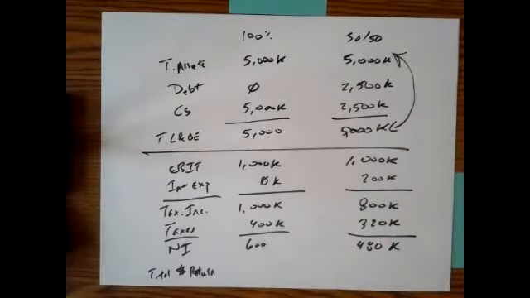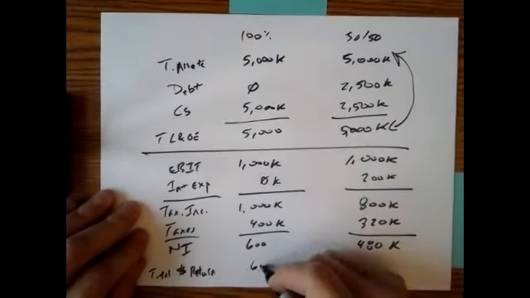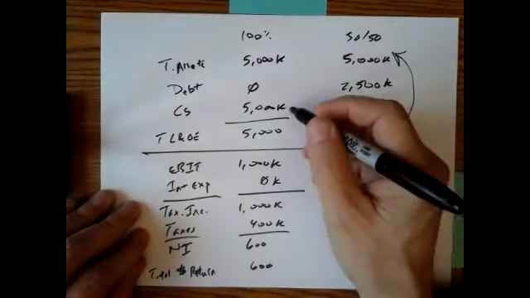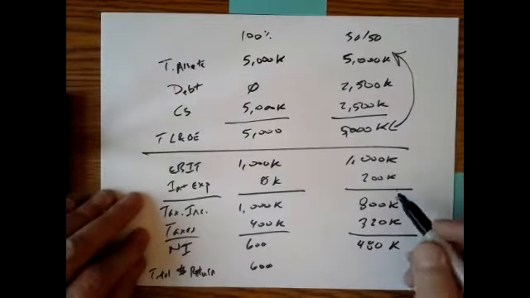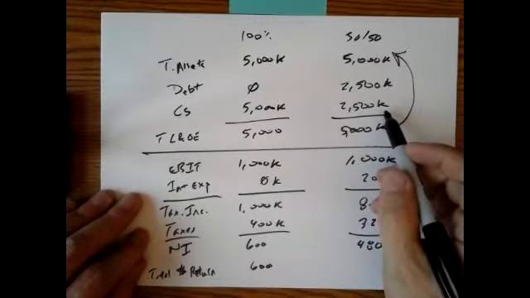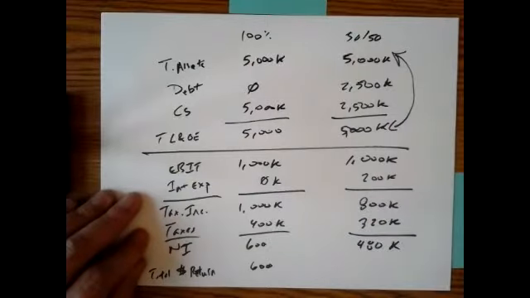So under the 100% version, the total dollar return is 600 because the only investors in the firm are the common stockholders. However, under the 50-50, we have common stockholders who invest 2,500, and then we have debt holders who are also a kind of investor, right?